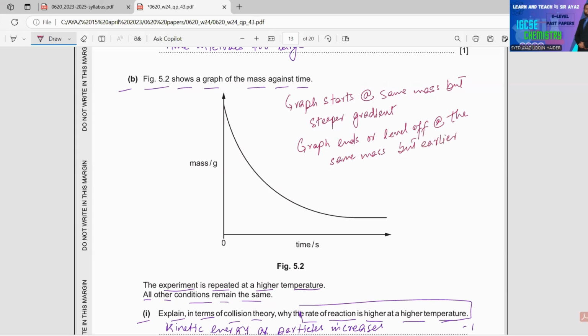So I will start from 0, but will have steeper gradient, means it will be like that. See, it's leveling off earlier. Must be like that.